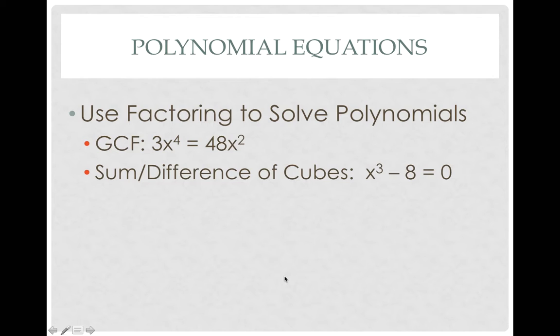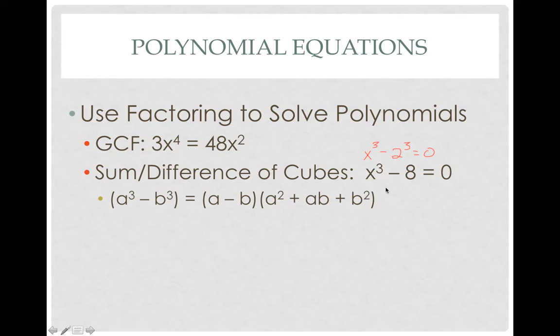For a thing called a sum or difference of cubes, this would be something like this, x cubed minus 8. You need to know that 8 is really 2 to the third power. And a difference of cubes in this case looks like this. If I have something cubed minus something cubed, I can factor it to a linear piece times a quadratic piece. So in this particular case, I would say this is x minus 2 for the linear piece.